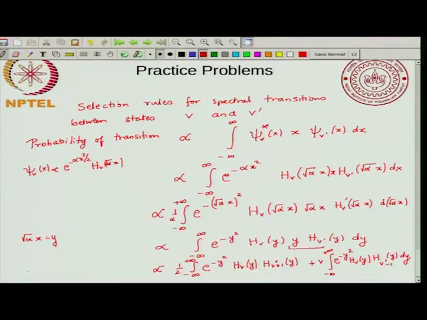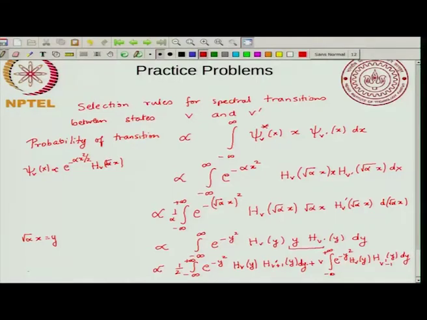What I did is I used the recursion relation to write this as a sum of two terms, one involving H of v plus 1 and the other involving H of v minus 1, or v prime minus 1. Each of these integrals is 0.